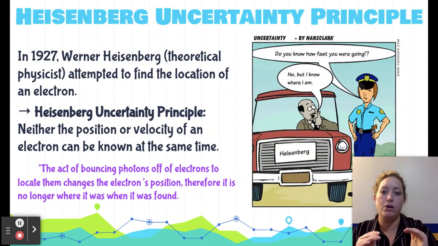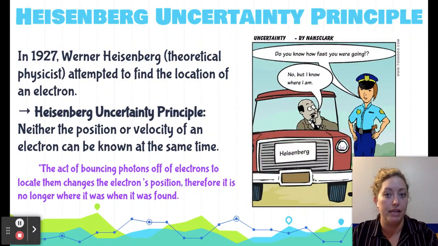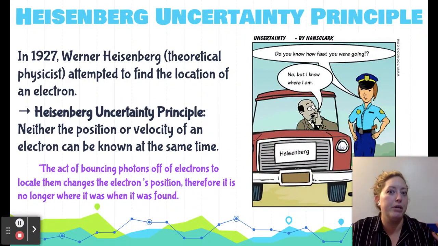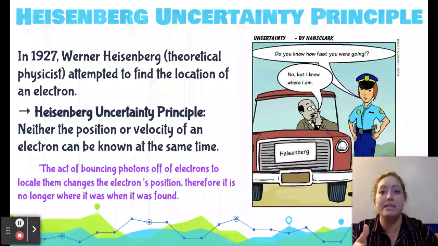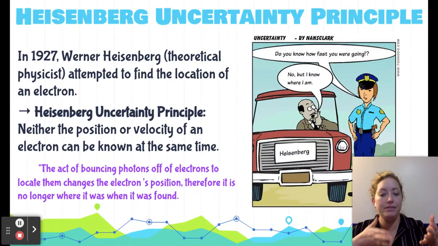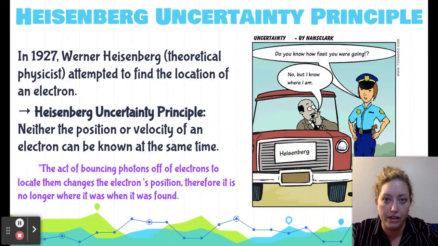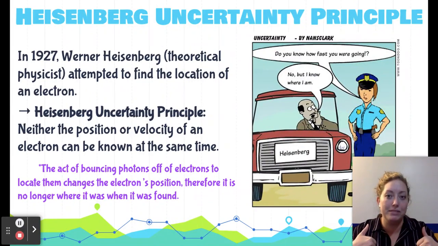Because in order to know where an electron is, you would have to essentially take a picture of it, right? You would have to hit it with some sort of energy, whether it's light energy or X-ray energy, something has to touch that electron and then be bounced back in order to measure the distance, to figure out its position.